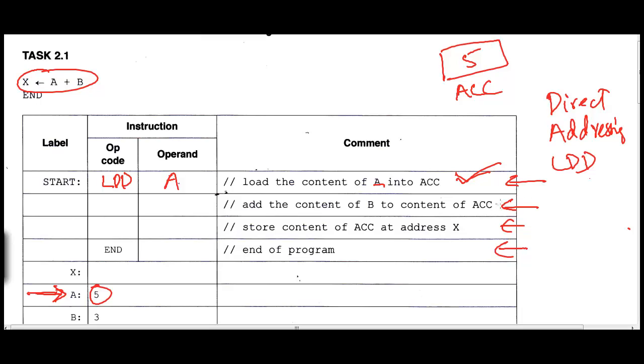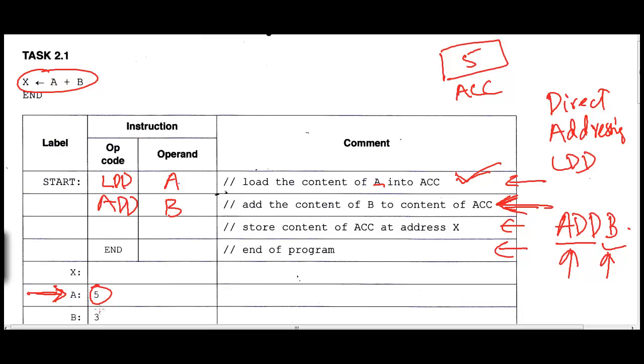Okay, and this next command says add the contents of B into the contents of the accumulator, and the command for that is add. The opcode is add, and the operand is the address, and the address in this case is going to be B.